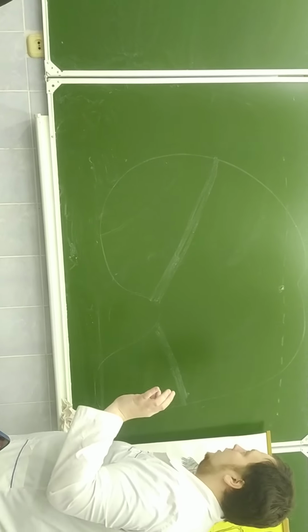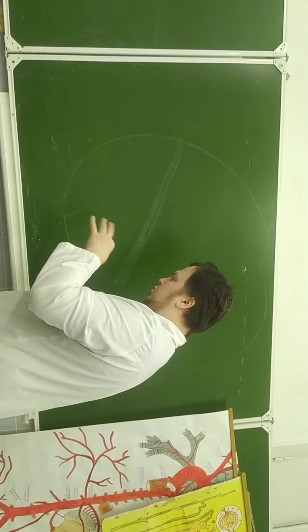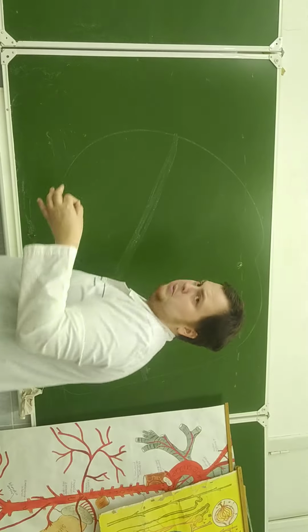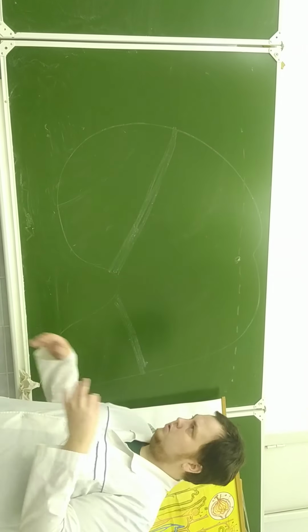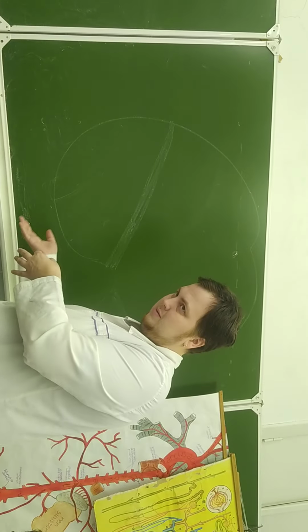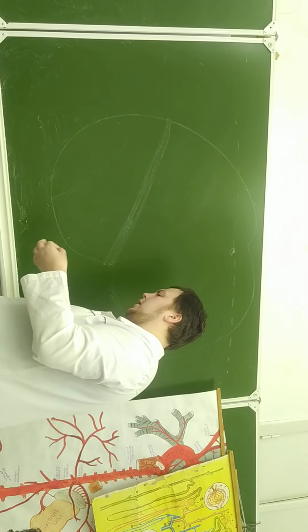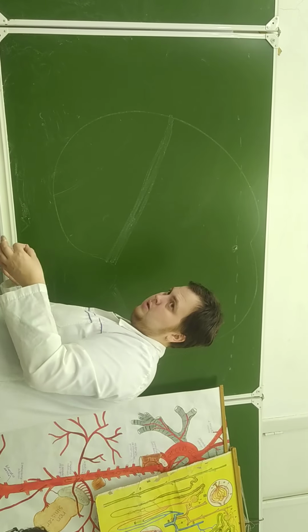Clear? So, the substantia nigra is a part of the extrapyramidal system. It is called black because it is black, because of the melanin.